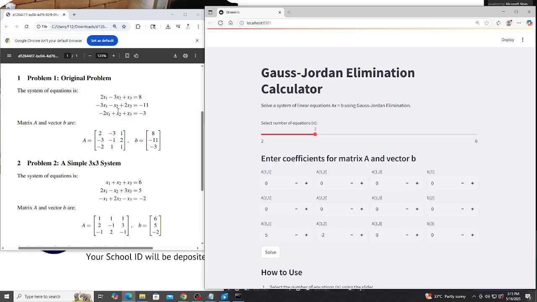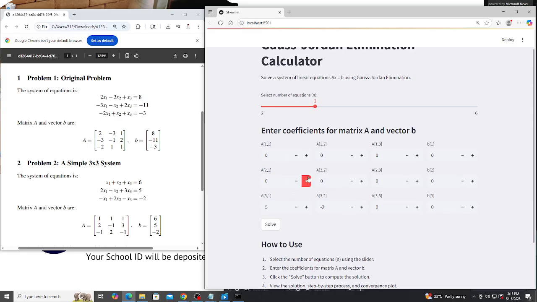So as you can see in the problem, we are just going to input the equations into the matrix.